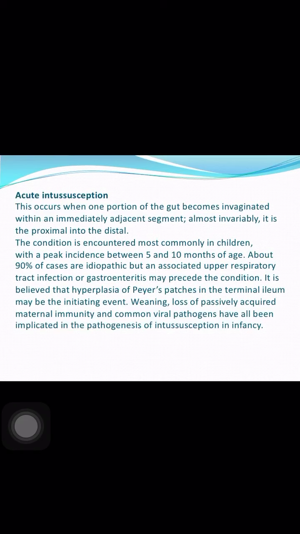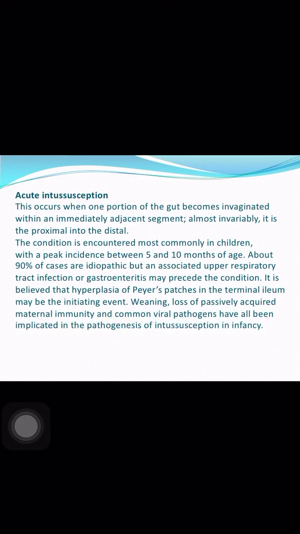This occurs when one portion of the gut becomes invaginated within the immediately adjacent segment of the bowel. Almost invariably it is proximal into the distal. That means the ileum enters the cecum, or jejunum into the ileum. Usually the proximal enters the distal. This condition is encountered most commonly in children with peak incidence between 5 to 10 months of age.